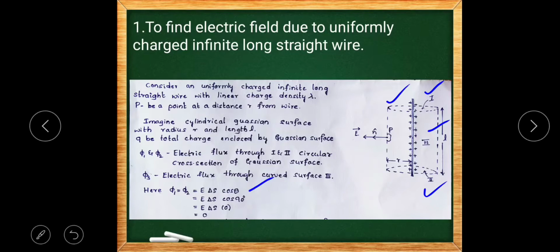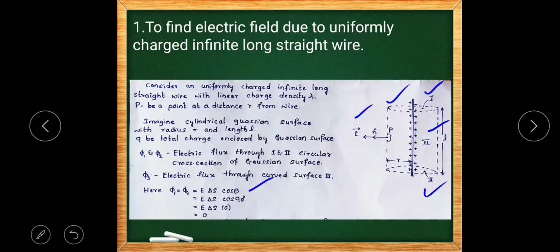Here theta is the angle between the electric field E and the unit vector normal to the Gaussian surface.